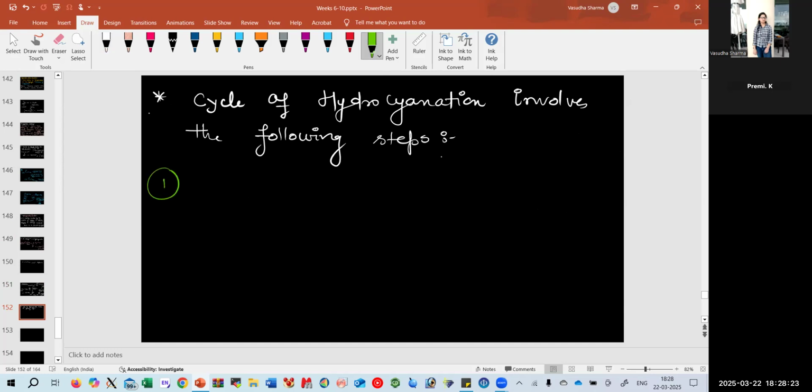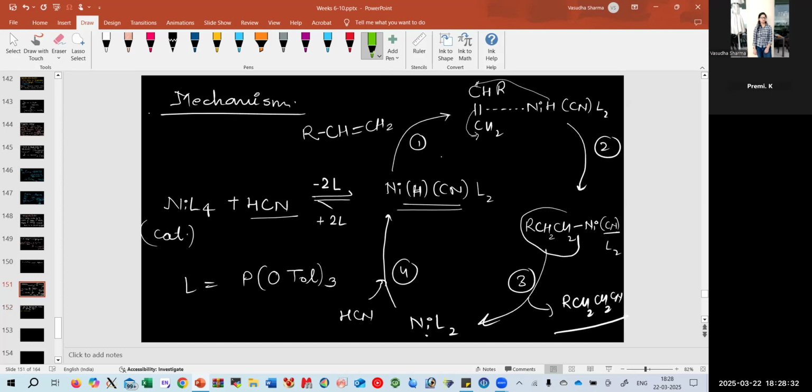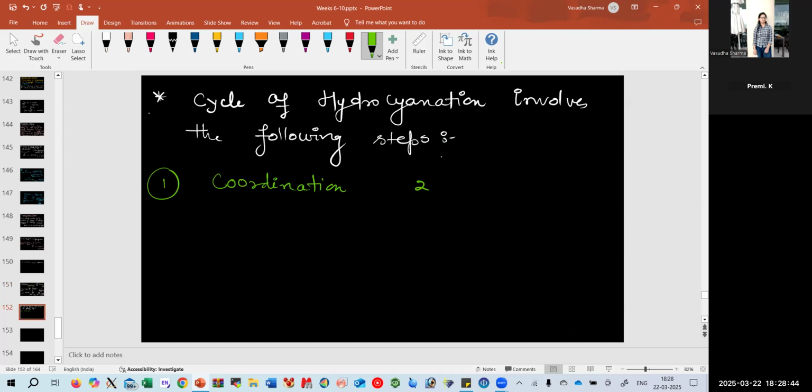The first one is coordination of the alkene or alkyne or carbonyl. As you can see here, the coordination is happening where the pi bond is interacting with your nickel center. Now the second step, it is going to get inserted, because it is making a sigma bond. So your second step is insertion.